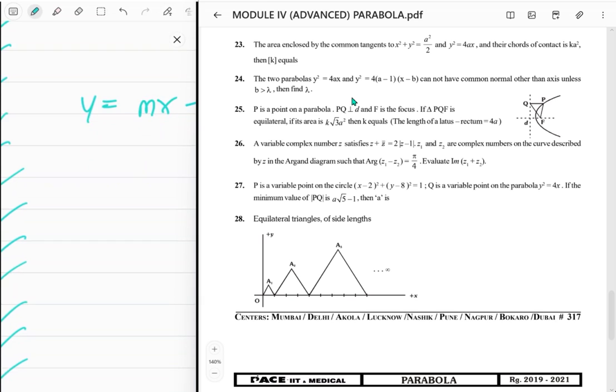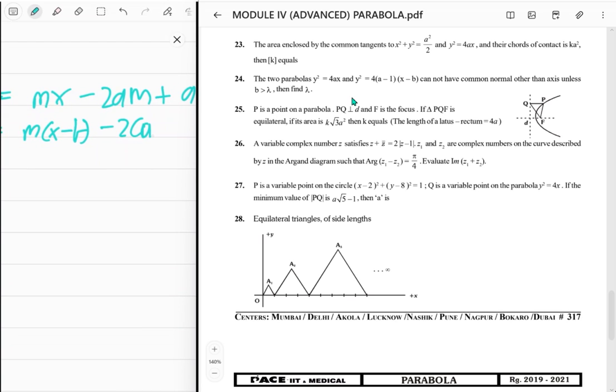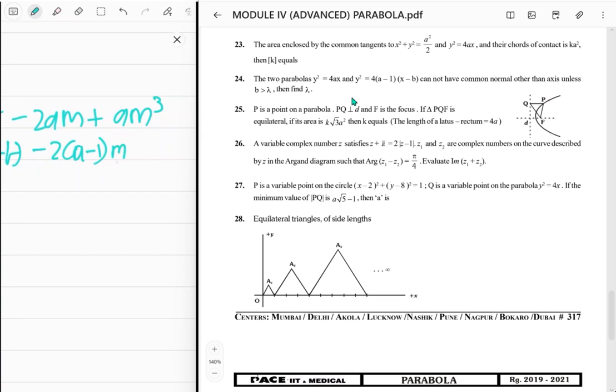For the second guy, y is equal to m times x minus b minus 2 times a minus 1 times m plus a minus, oh, it's supposed to be negative, a minus 1, and then you got m cubed, right?